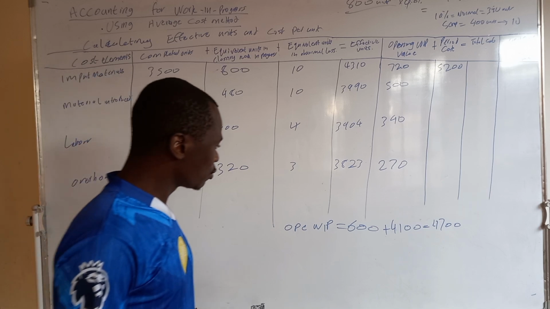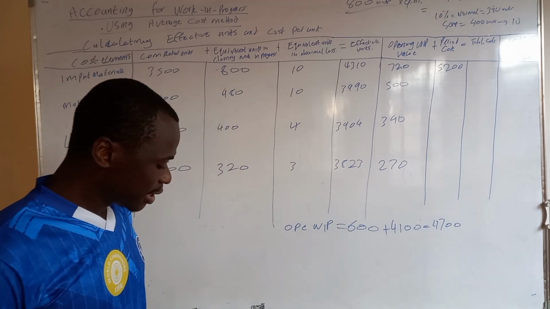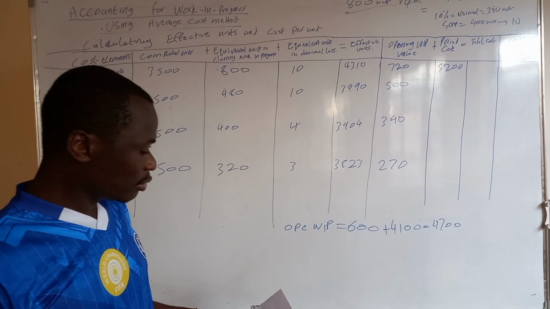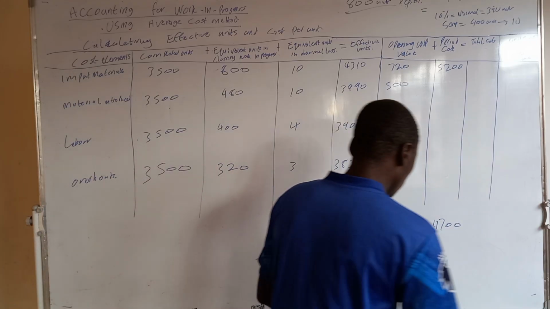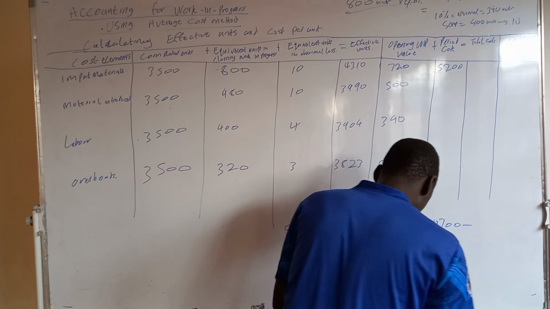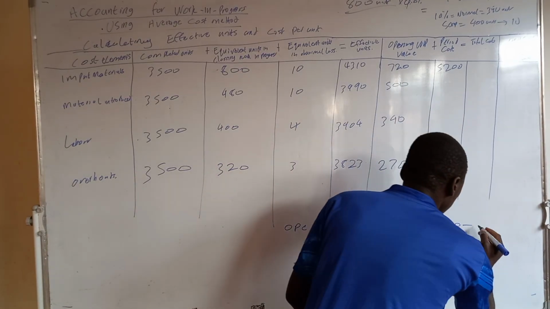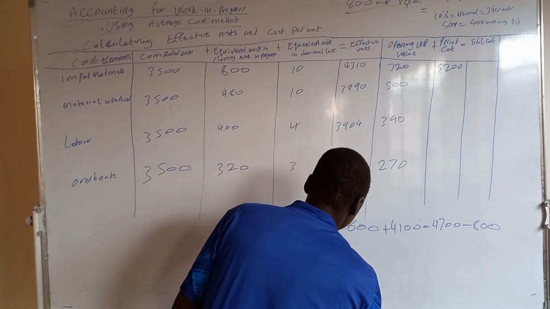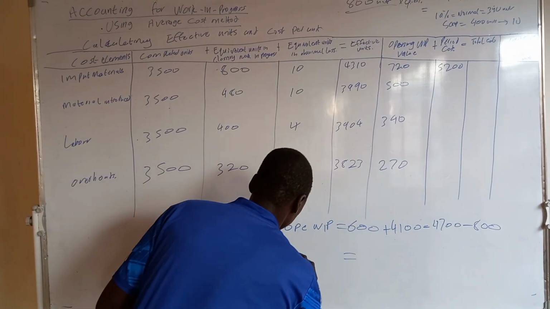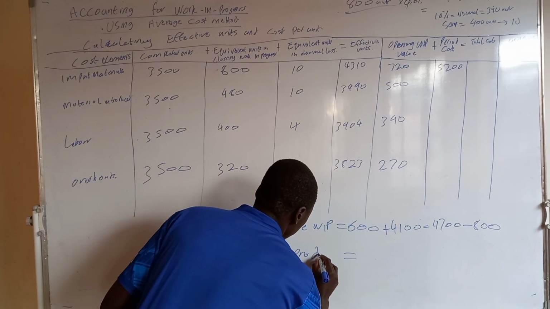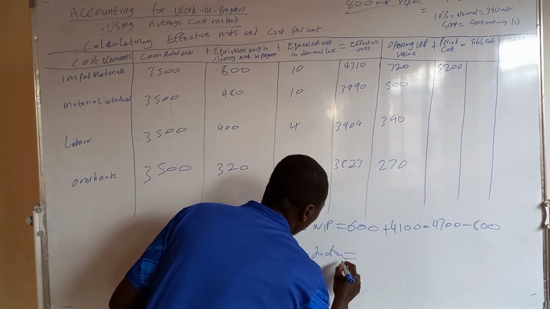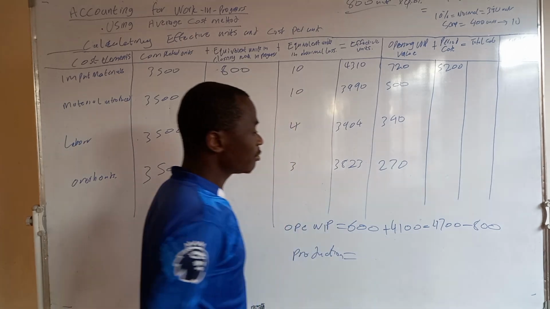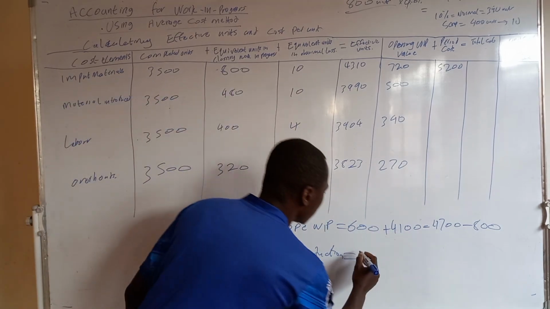So we less closing work in progress. Closing work in progress is 800. Production is therefore 4,700 minus 800, that is 3,900.